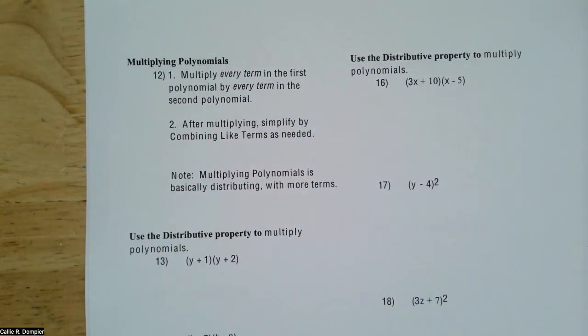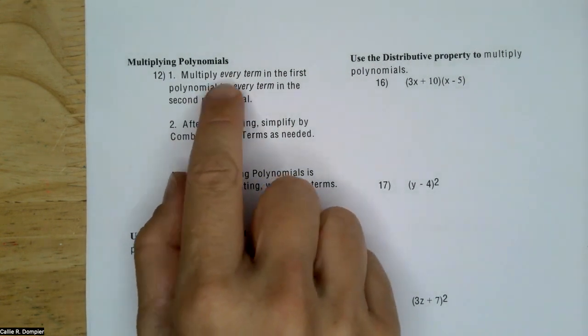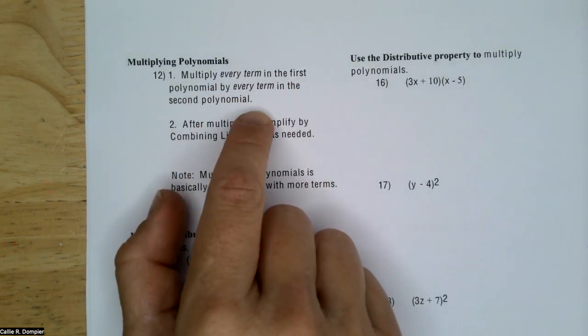Now, that was all multiplying monomials, okay? So we took a monomial and we distributed it through a polynomial. Now we're going to multiply polynomials, every term in the first polynomial by every term in the second.